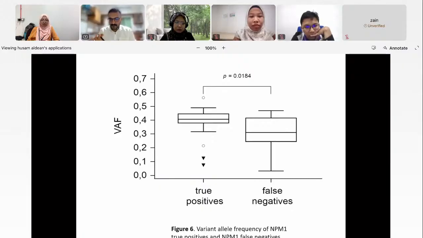So in this figure, it illustrates the variant allele frequency of NPM1 for the true positive and the false negative.